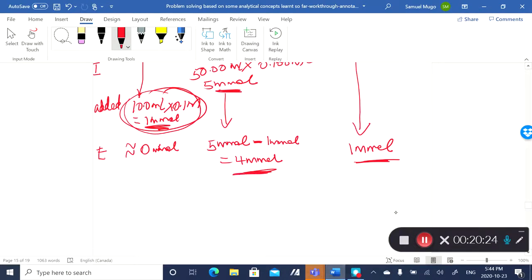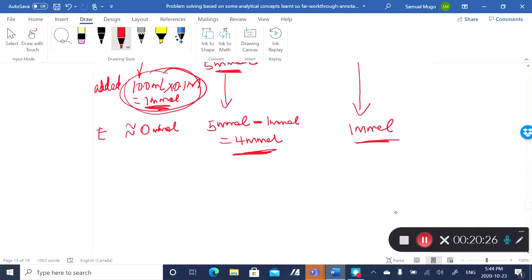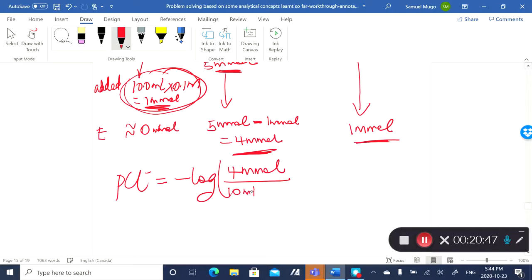I've got 4 millimoles of chloride. So the pCl is equal to the negative log of the 4 millimoles, and in this case I need to divide it by the total volume, right? The total volume, which is 10 ml. That's how much I added. But initially, remember, if you look at the problem, initially I had 50 ml in the volumetric flask, and so in the end, that's my concentration.